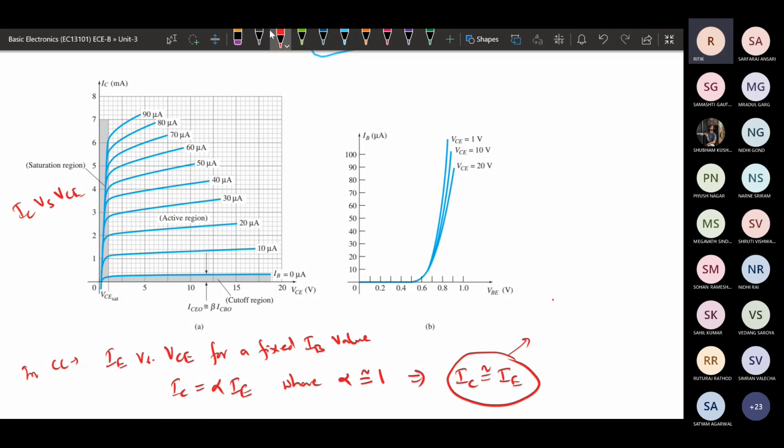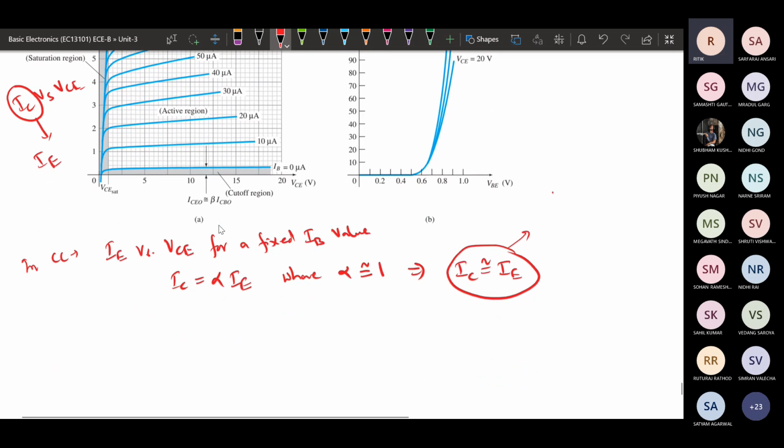That means if we replace IC with IE in the common emitter case, the same plot will be there for the common collector also. So the output characteristics of common collector will be nothing but the output characteristics of common emitter with IC replaced with IE.